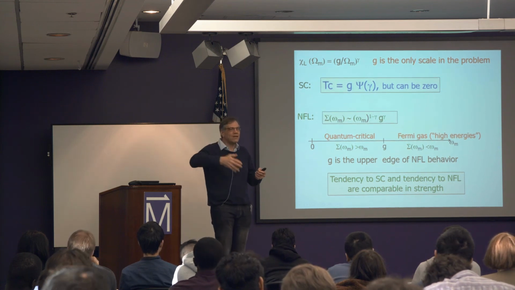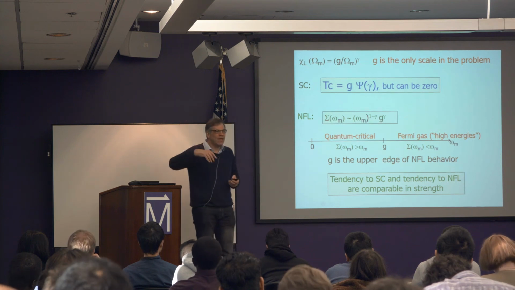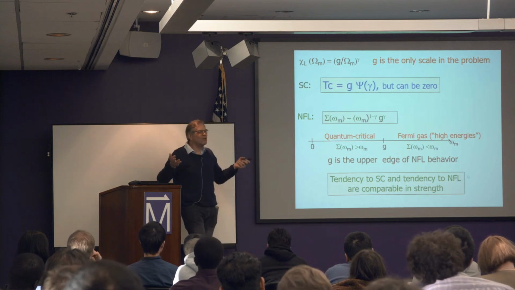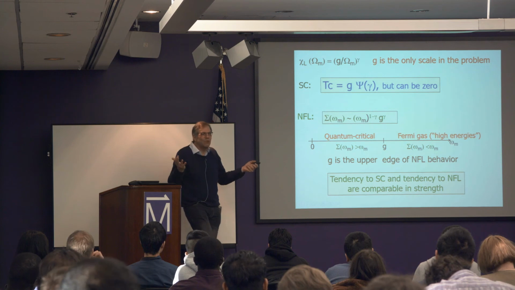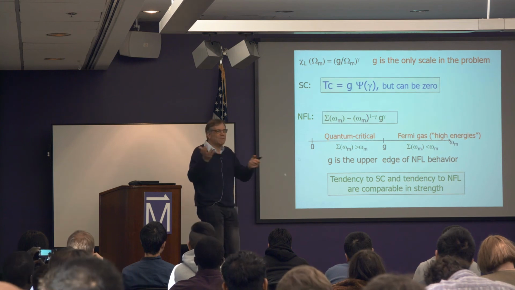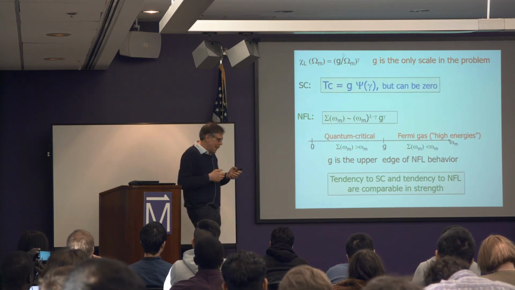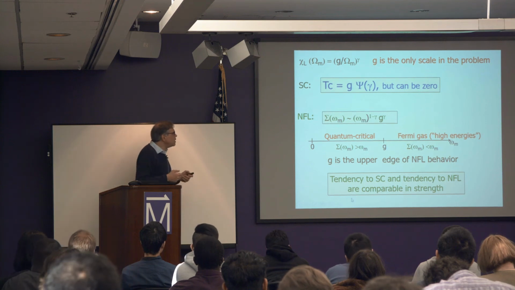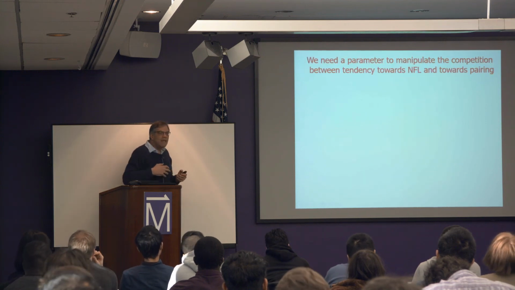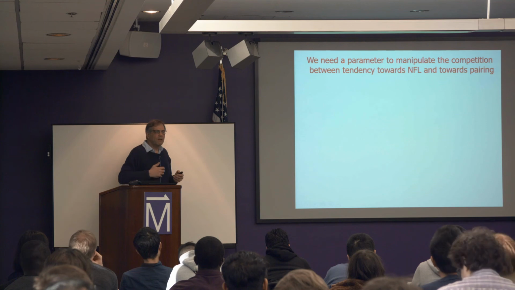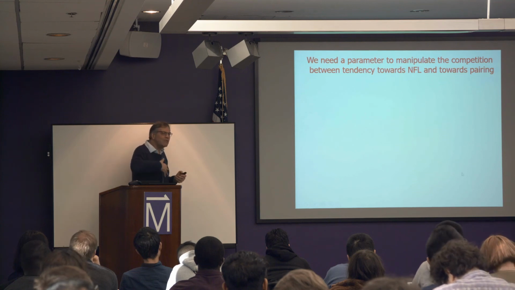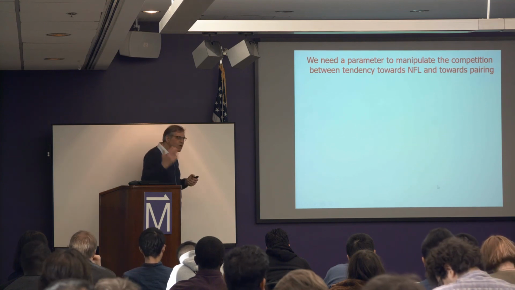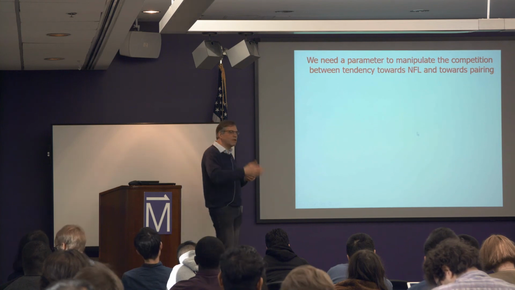You just have one letter, you basically scale it out. You have, on one hand, a universal problem, but the second question is what to do with a universal problem. You don't have any expansion parameter to deal with. And as such, theorists try to invent a parameter which you can manipulate and try to find out the real interplay between non-Fermi liquid and superconductivity.